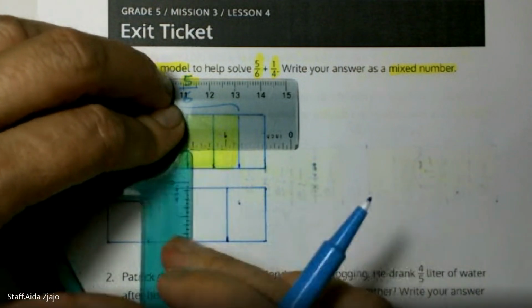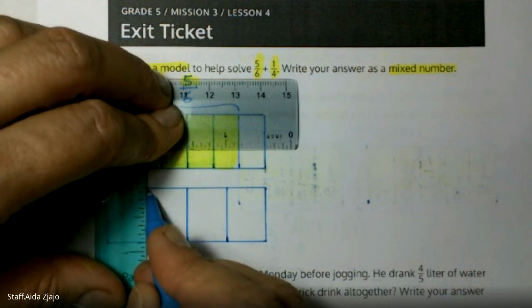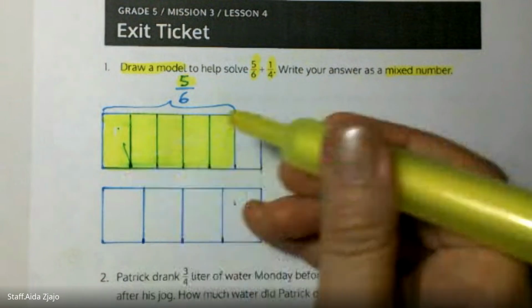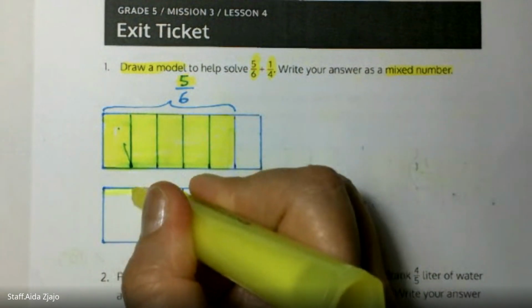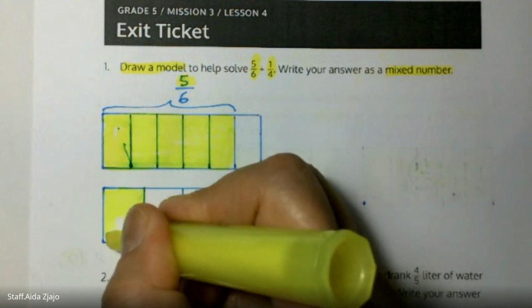So that's 1/4, and this is another 1/4. Now you can see that our fractions are not the same size, so we cannot add them because they are not the same size.